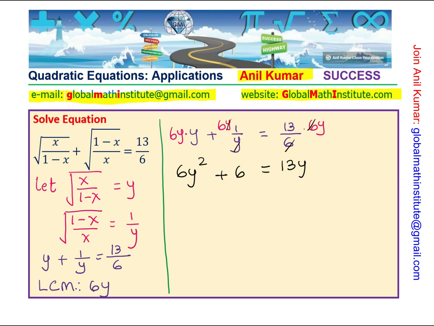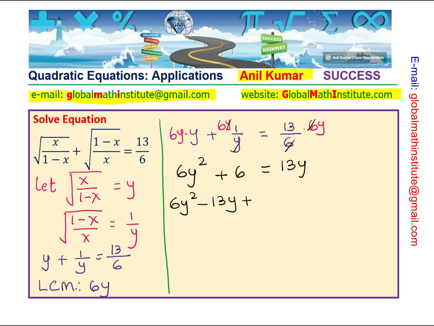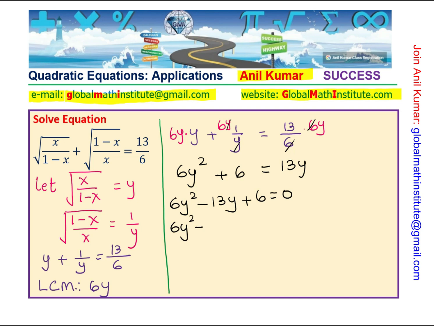Let's bring them all together to one side: 6y squared minus 13y plus 6 equals 0. Now we need to apply the factoring skills which we have learned. 6 times 6 is 36. The two numbers which work are 9 and 4, both negative. So we can write this as 6y squared minus 9y minus 4y plus 6 equals 0.